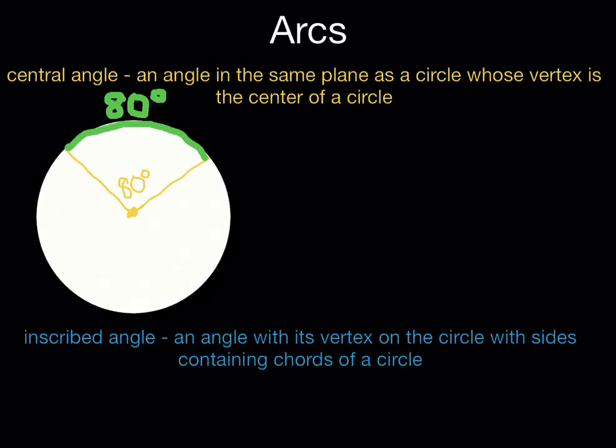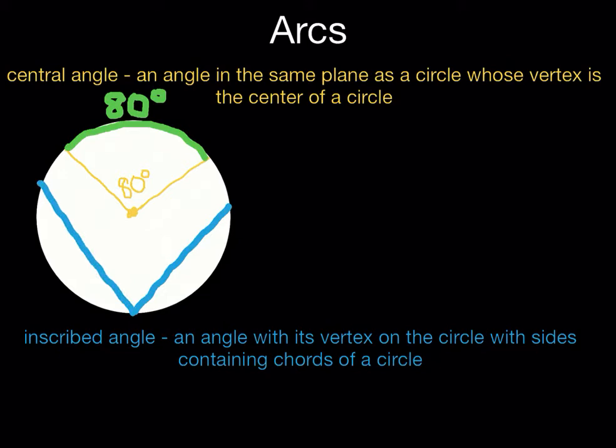Now, another important angle that we're going to look at and come up on in the next few sections is something called an inscribed angle. An inscribed angle is an angle with its vertex on the circle. So maybe we have right here, its vertex is going to be on the circle, and its sides made up of chords. So we have like here and here.